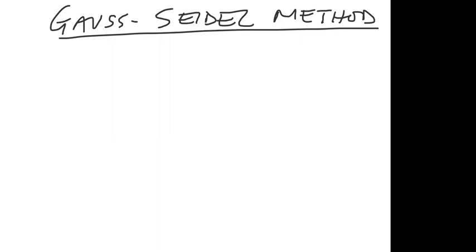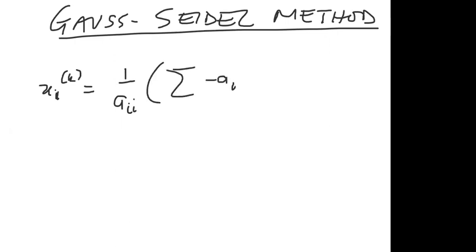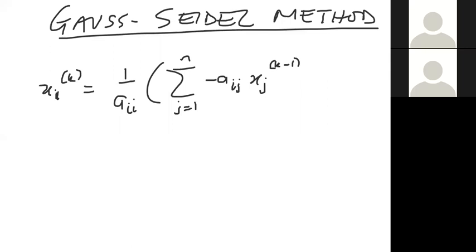So instead of having this formula for finding xk, remember for the Jacobi's method, we said that we can express xi^k in this form: 1 over aii, then this summation of minus aij xj^(k-1), where j is not equal to i, then plus bi.